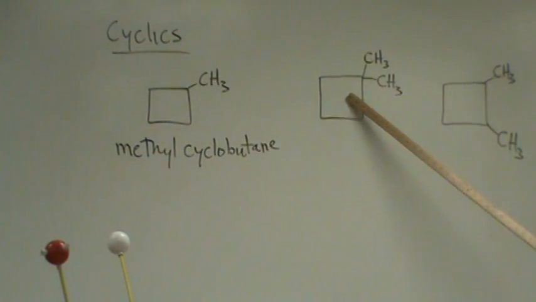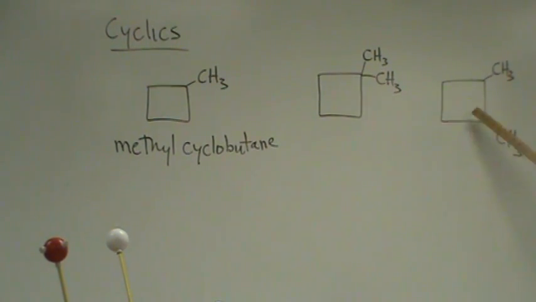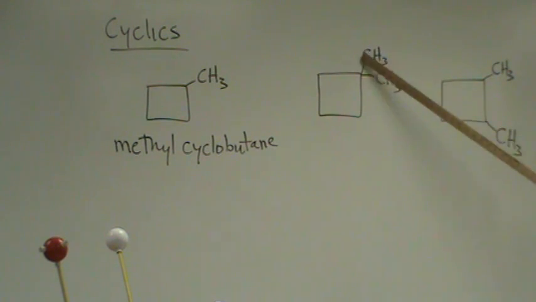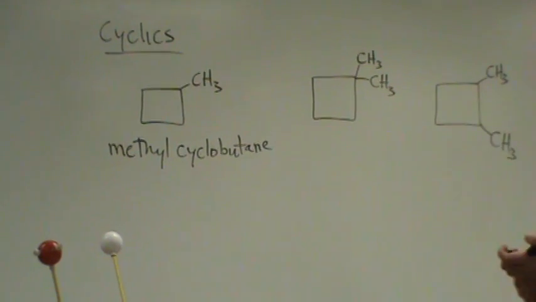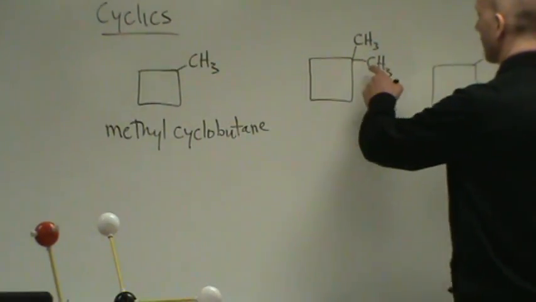These two are what? Isomers of each other, aren't they? I just have different positions where the CH3s are. And how do I know they'll be isomers? Because they'll have different what? Names, different names.